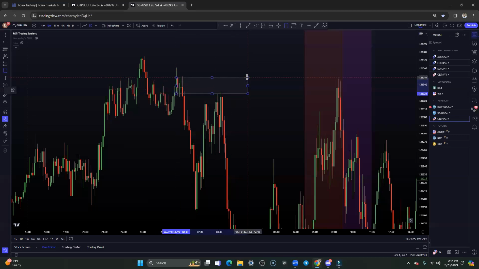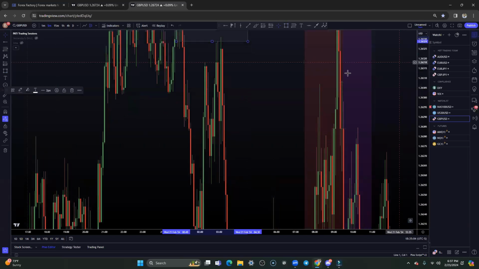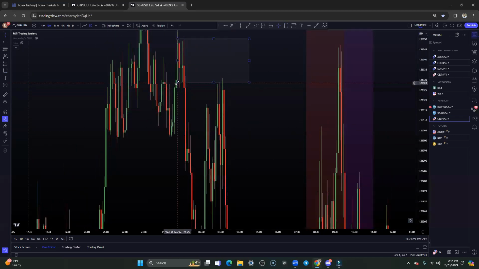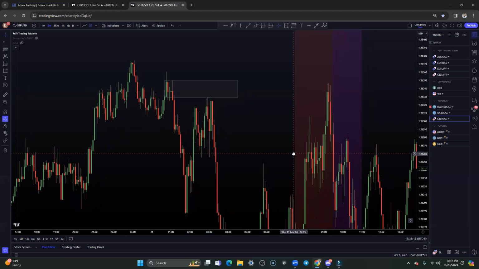So I was wondering, are both of those candles considered a supply? No, I had the second candle in there too. Those two dojis right there. Oh, you had it like that? Yeah.